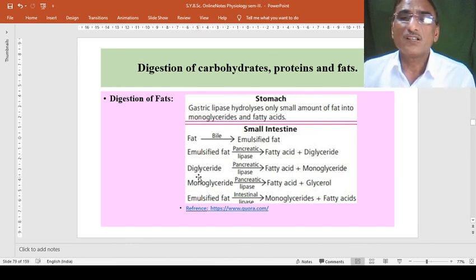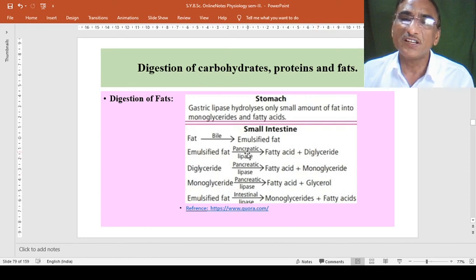As we have already seen, all carbohydrates are digested into sugars, all proteins are digested into amino acids, and likewise all fat materials are digested into fatty acids and glycerol. That may be monoglyceride, di- or tri- molecules, whatever the molecule number is. So diglycerides split into fatty acid and monoglyceride molecules.